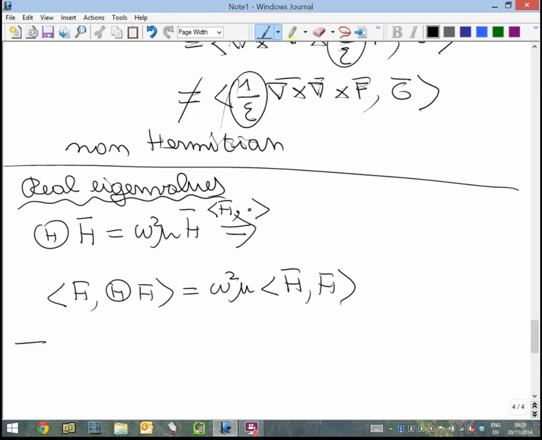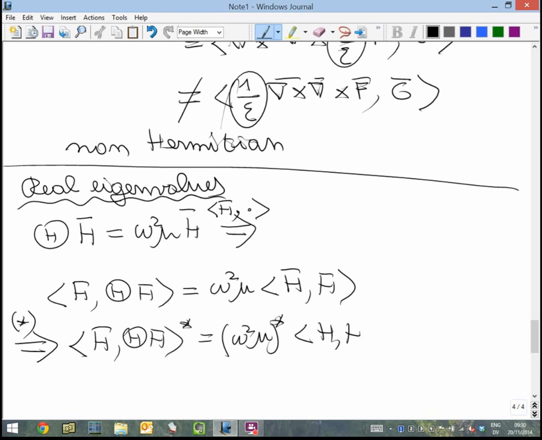Following step, we're going to take that expression and take the complex conjugate of that expression. So that gives us h, theta h complex conjugate, omega squared mu complex conjugate, h with h, complex conjugate.